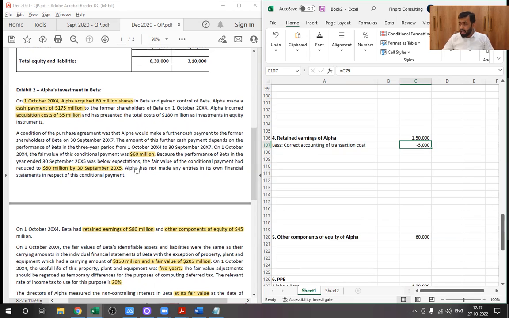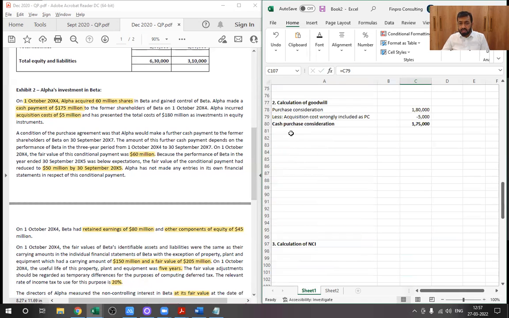Alpha has not made any accounting entries, so we'll have to make accounting entries here. Am I right? First accounting entry, 60 million. First of all, we need to adjust my purchase consideration.